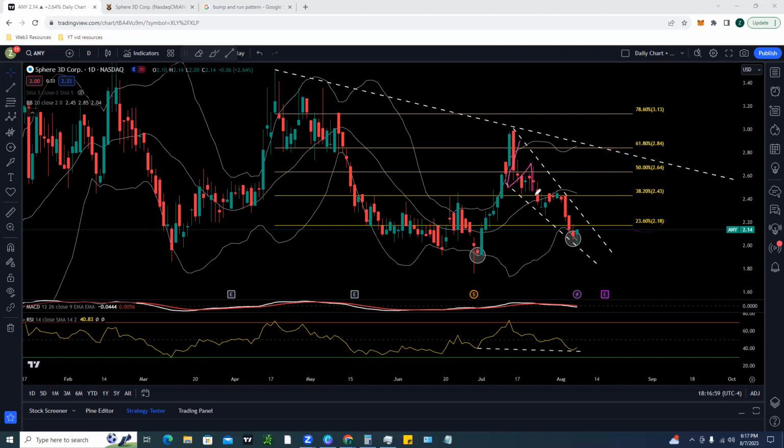We mentioned that we have this falling wedge here too, on top of the inverse bump and run. Typically, a falling wedge will play out, in a perfect world scenario, taking you up to about $3, where the beginning of the pattern started. This also aligns with the inverse bump and run. With our bump coming right here, we would break above this trend line and head up towards $3.13.